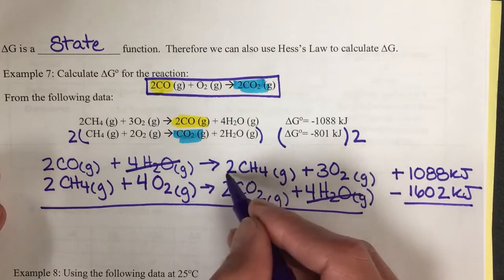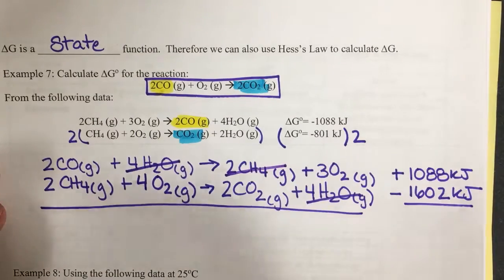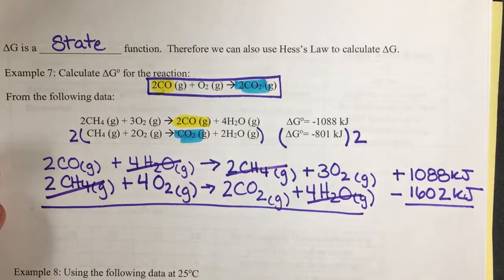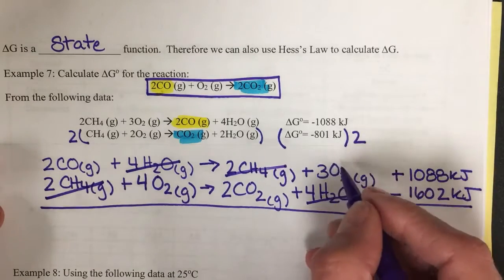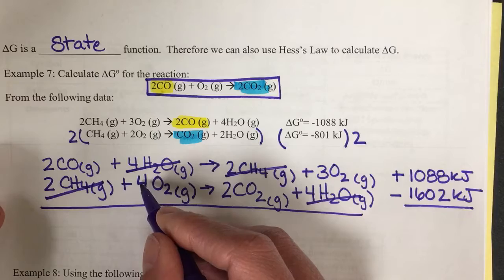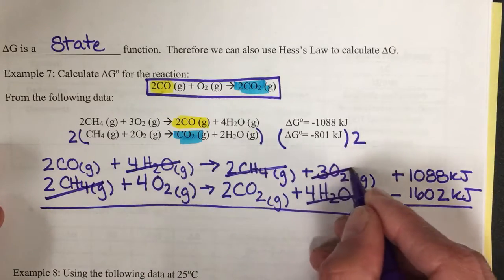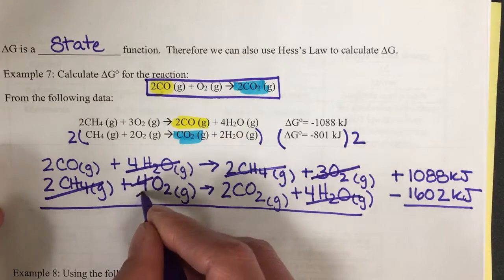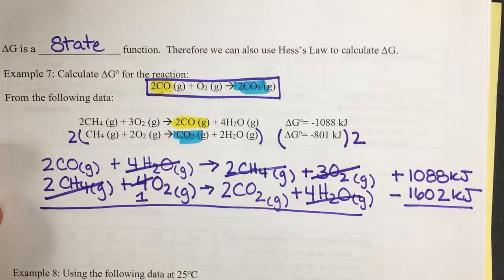I've got 2 CH4s here. I've got 2 CH4s here. Those cancel out. Now oxygen, I've got 3 here. I've got 4 here. So all 3 of those go away, and I'm going to be left with 1.